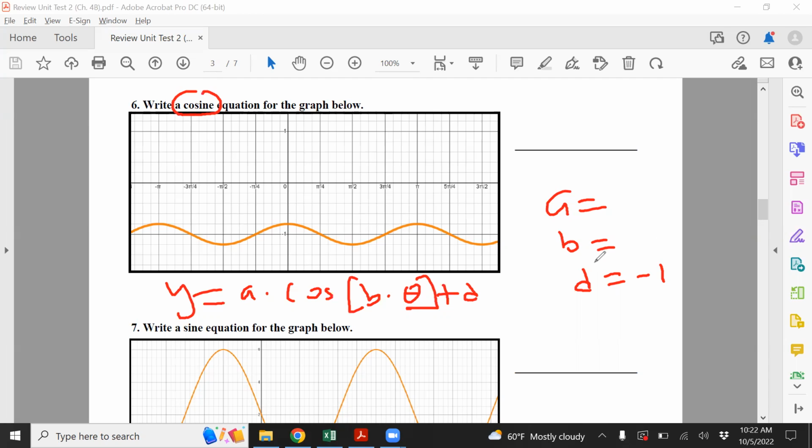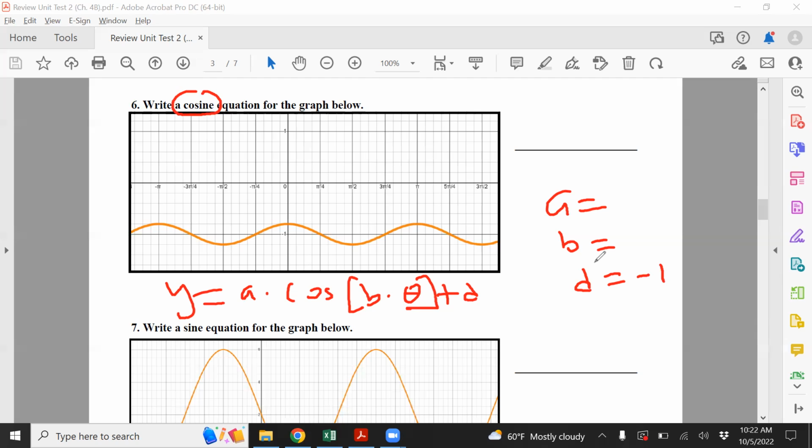Equal amounts. So what you're doing, JP, is you're looking for what horizontal line goes right through the middle. And also you're looking for equal spacing between the peak and the low point. So -1 is right in between the peak and the low point. That's what we call the midline.